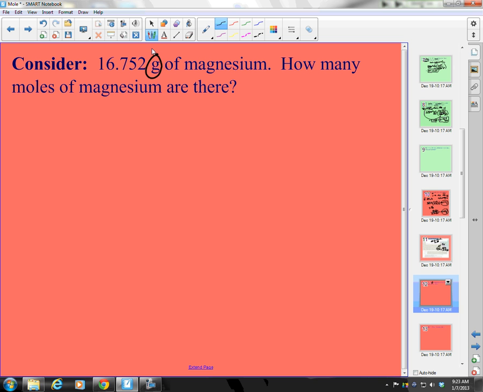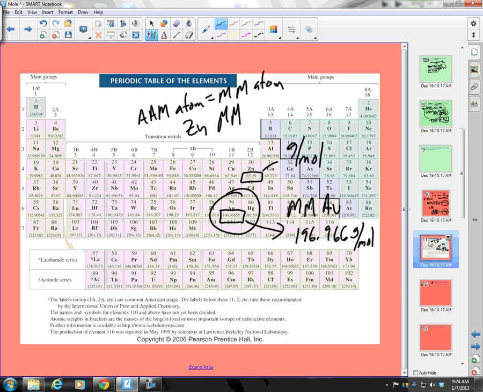Well, I'm going from grams to what? Moles. So I need an equality between grams and moles. We know that's my molar mass, right? I look on my periodic table. Where's magnesium? Here's magnesium. So it's 24.305.